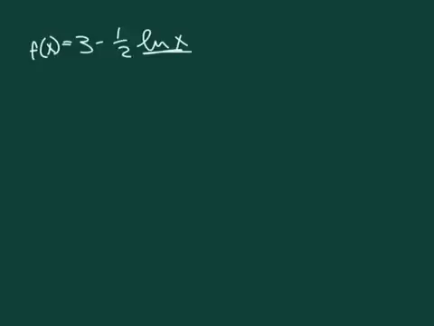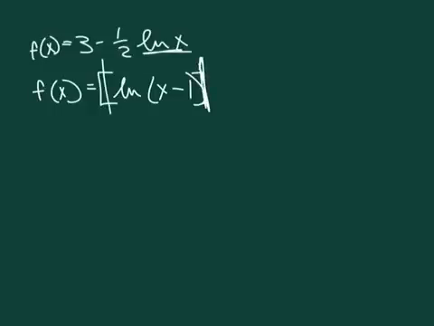Okay? When you get to c, let's see, what does c look like? f of x equals ln of |x| minus 1. Oops, I'm sorry, those need to be absolute value signs. Okay, so what that means when we put in that absolute value sign is it has an effect on the reflecting.